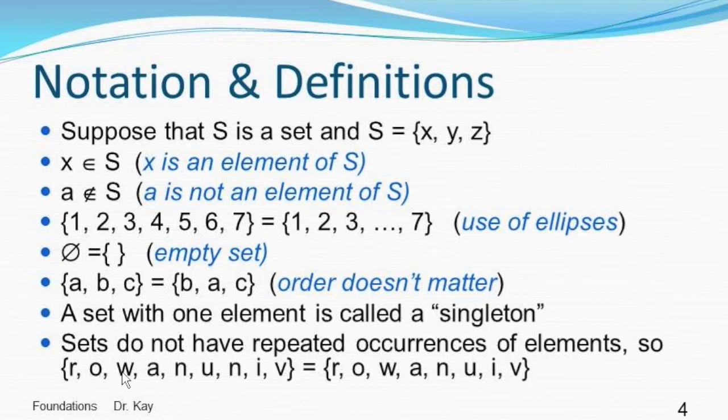R, comma, O, comma, W, comma, A, comma, N, comma, U, comma, N, comma, I, comma, V. But what this really represents is the same exact set where the element N only occurs once. Because even though we repeated it inside the set symbols, there are no repeated elements in a regular set, and so this is equivalent to this.